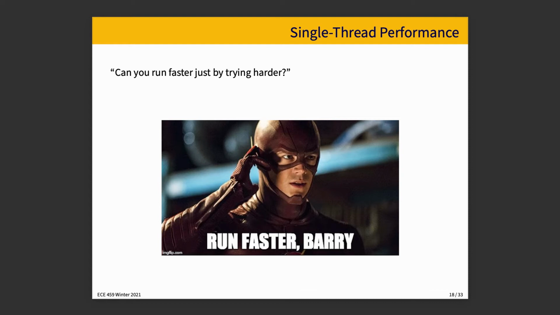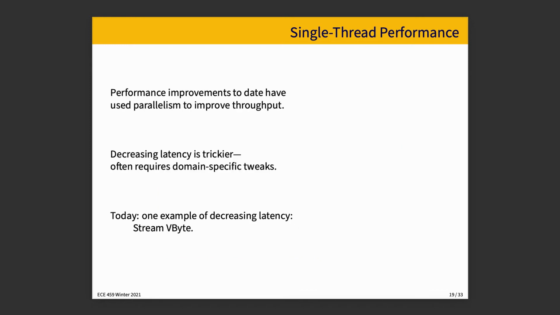All right, making fun of CW shows aside, actually, if we invest some effort into it, can we do some domain-specific tweaks? And the answer is yes, and that's a way of decreasing latency. When we look at parallelizing, we're increasing our throughput, we are improving our bandwidth.